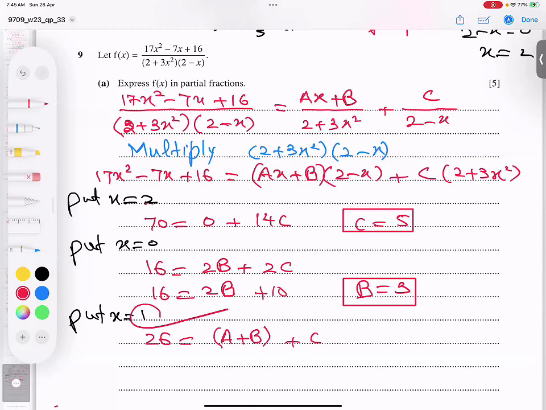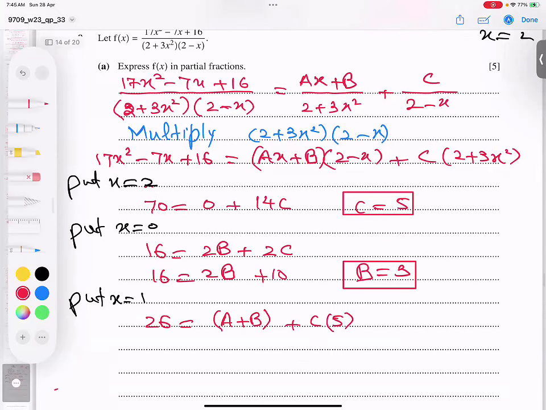And when I plug in 1 here, I get a 5. Okay, students, so 26, A value unknown, B value 3, and C value is 5. 5 fives are 25. So 25, it becomes 1 equal to A plus 3. And finally, A becomes negative 2.